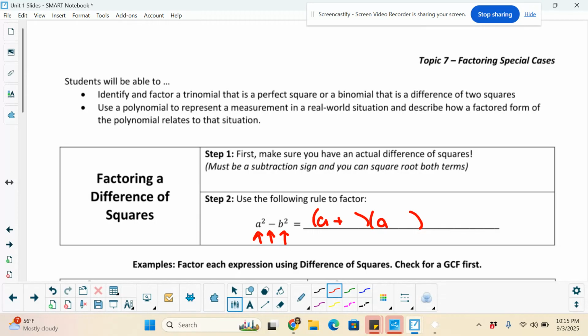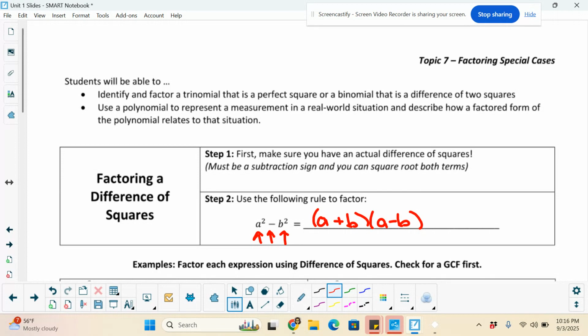You have a plus in the middle of one of them, and a minus in the middle of the second one. One plus, one minus. It does not matter which order it is. You could have a minus in the first, plus in the second. And then your B gets split up as well. Okay?